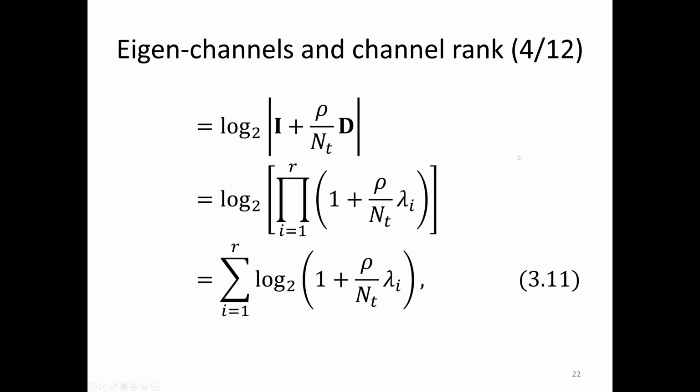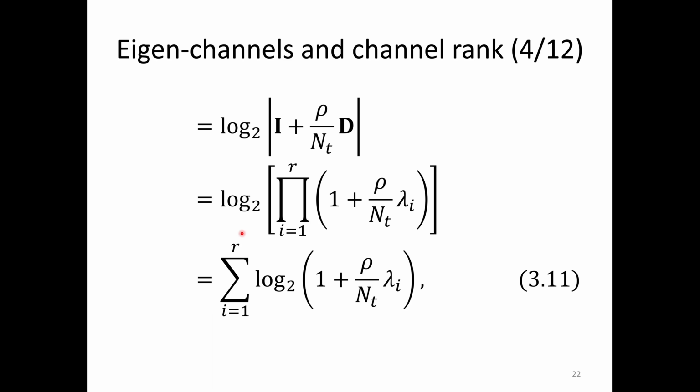Finally, we can use a property of the log function: log 2 of the product of some numbers is equal to log 2 of each number, and then add them together.